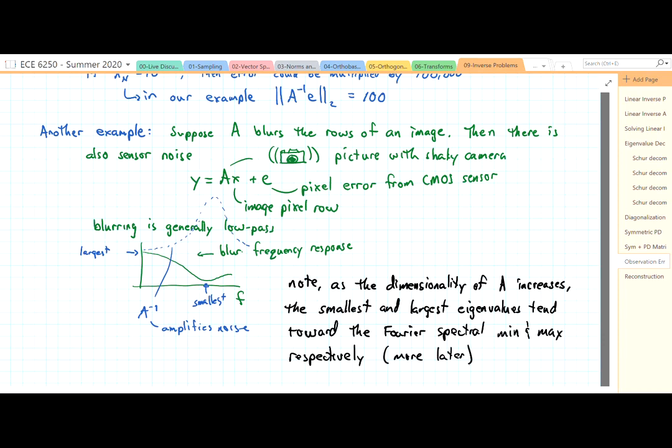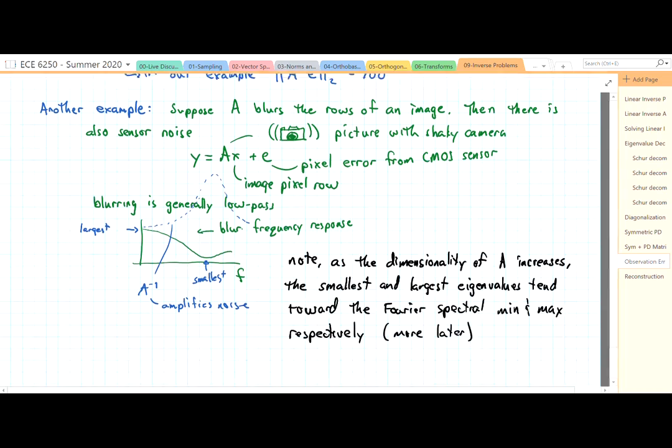If the A operation is going to cancel or minimize some signal dimensions, then A inverse is going to have to amplify those same dimensions a lot to get them back. Those correspond to the areas of minimum eigenvalues of A and maximum eigenvalues of A inverse correspondingly. And it has the potential to dramatically increase the noise.